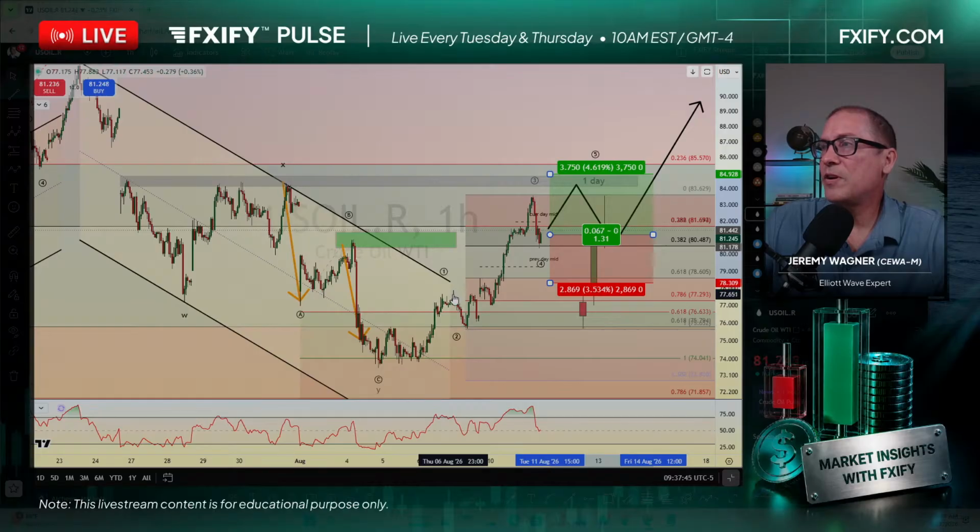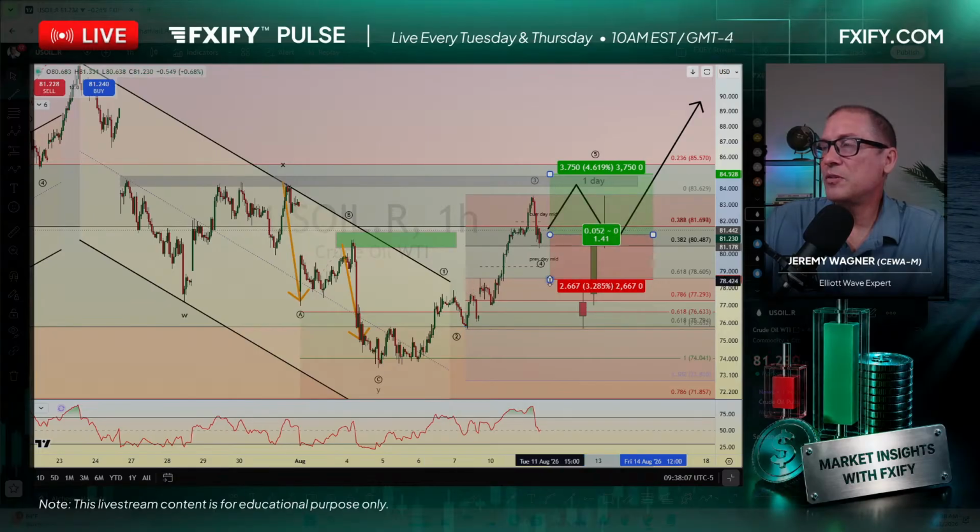According to Elliott Wave Theory, prices would need to hold up above this high, which is at 77.88. So for this Elliott Wave count to be correct, prices would need to hold up above there. But oftentimes, if it bleeds below the 618, there's not much room between that 618 and here.